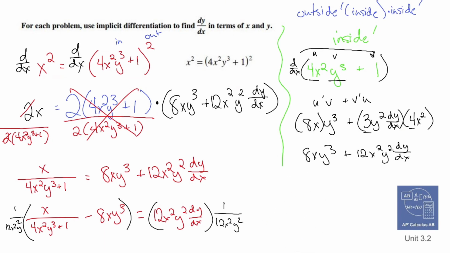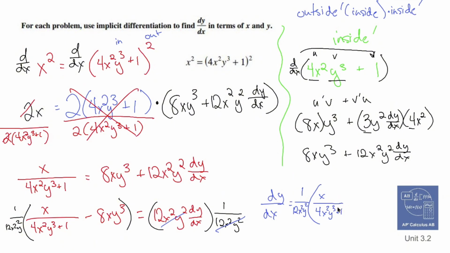So what an abomination of a problem. dy/dx is going to equal 1 over, I don't need that parentheses, not yet. I'll scoot you over. 1 over 12x squared y squared times the quantity x over 4x squared y cubed plus 1.